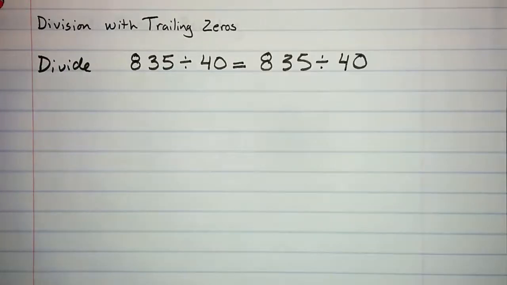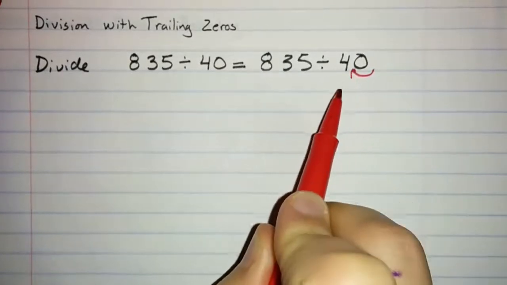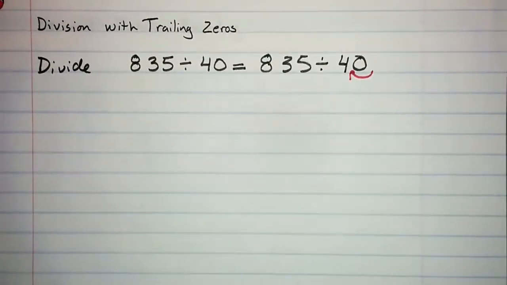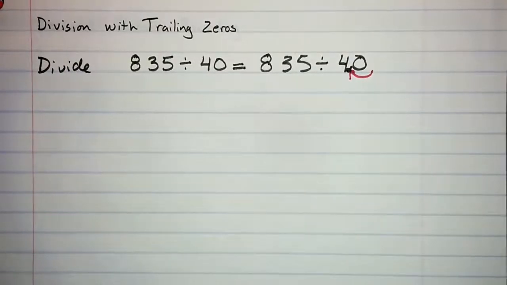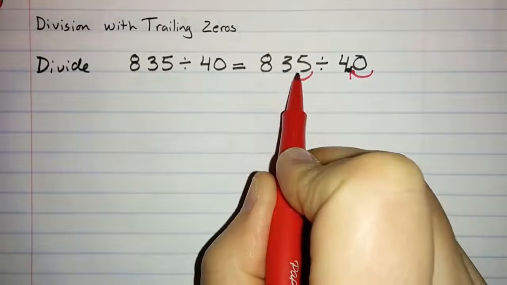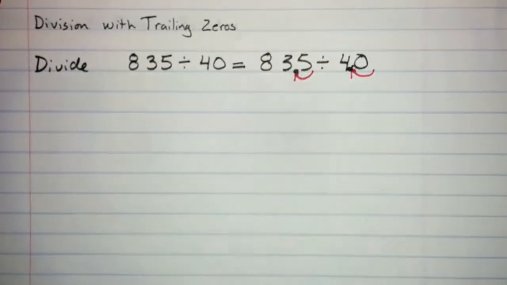In particular, we'd like to be able to move the decimal point one place to the left in the divisor. And we can do that as long as we do the same thing in the dividend.